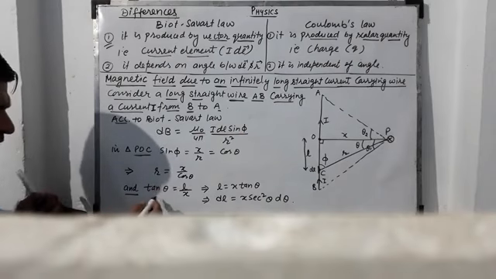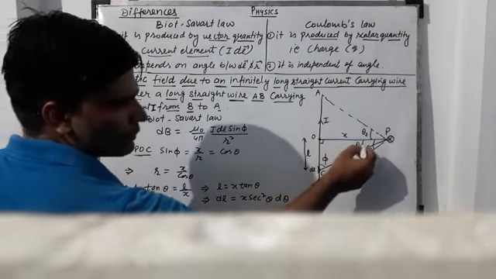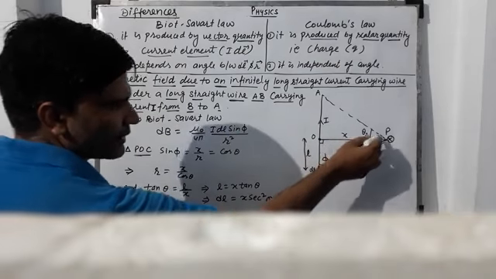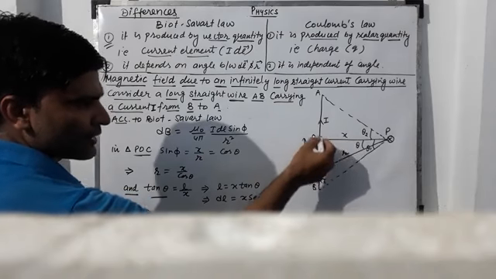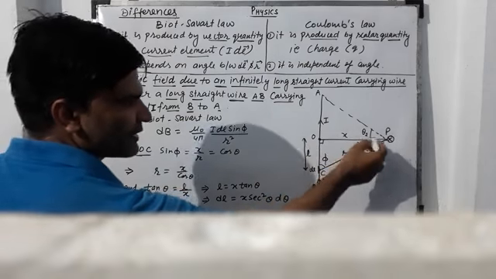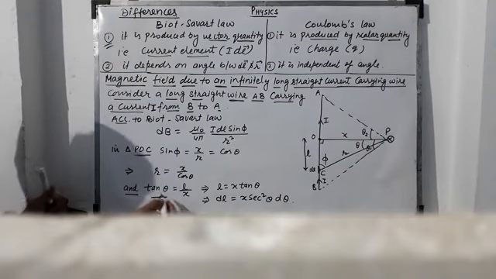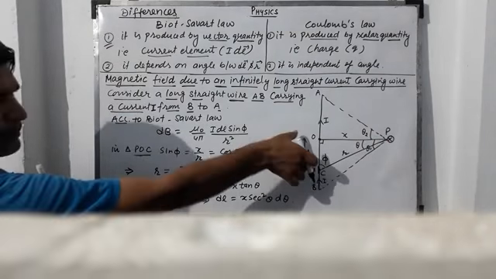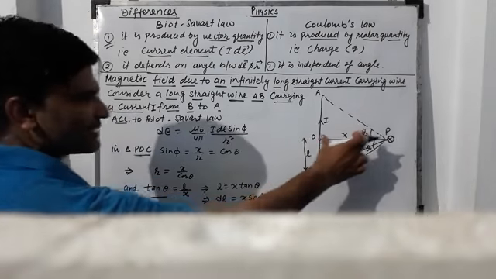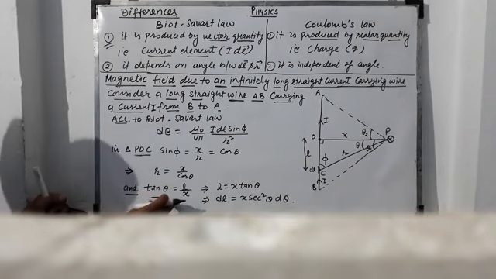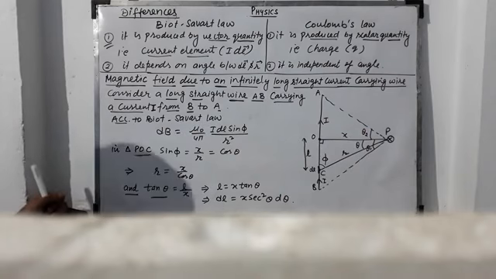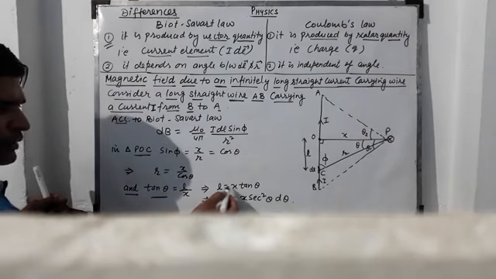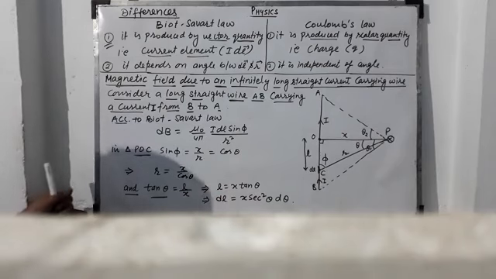And from the diagram, for theta, this is perpendicular and this is base. So we have L as perpendicular, and x is base. So tan theta is equal to L upon x, or L is equal to x tan theta.